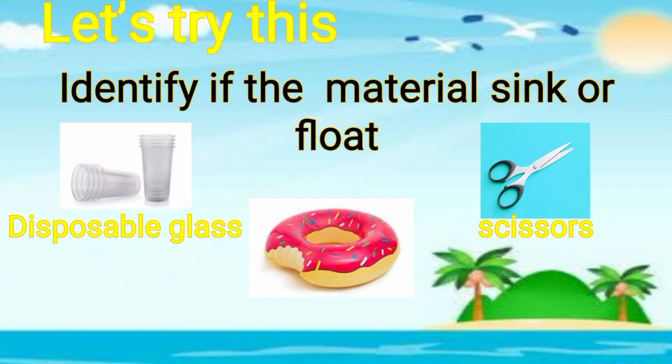And the last one, we also have here the floater, or what we call the salbabida. Do you think it will sink or float? Scientastic! It floats. It floats because it is made of light material and plastic.